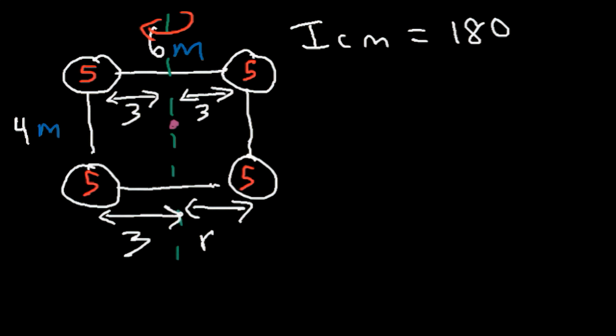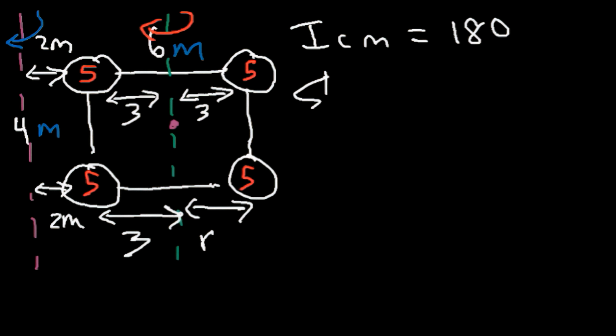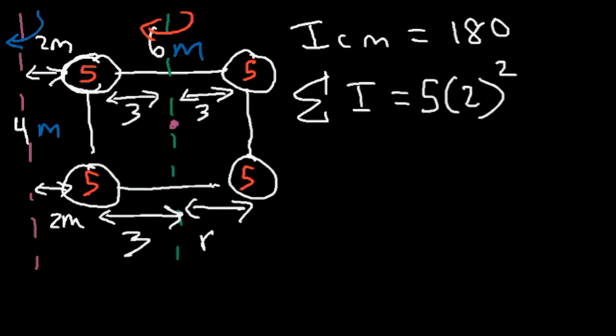Now what if we move the axis of rotation to this position here? Let's say it's 2 meters away from the first 5 kilogram object. Calculate the inertia about this axis. So let's find the sum of each inertia. So mr squared, the first mass, the 5 kilogram, is about 2 meters away, so it's m times r squared, 5 times 2 squared.